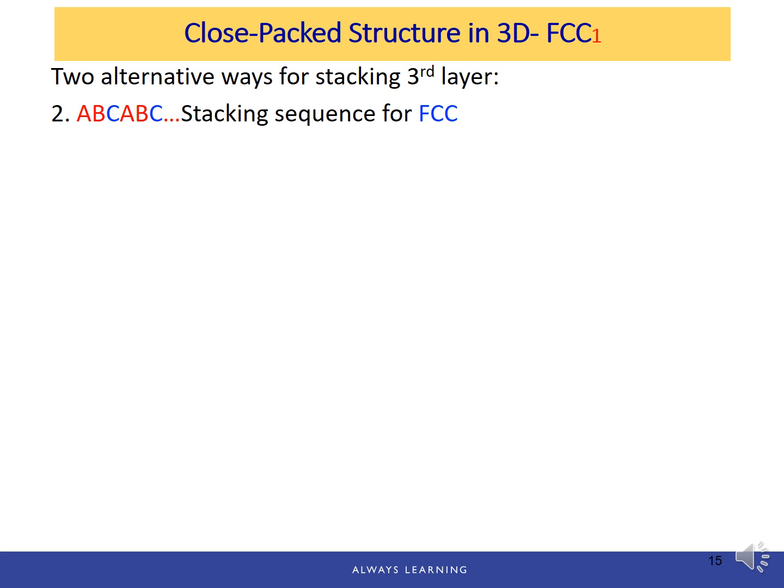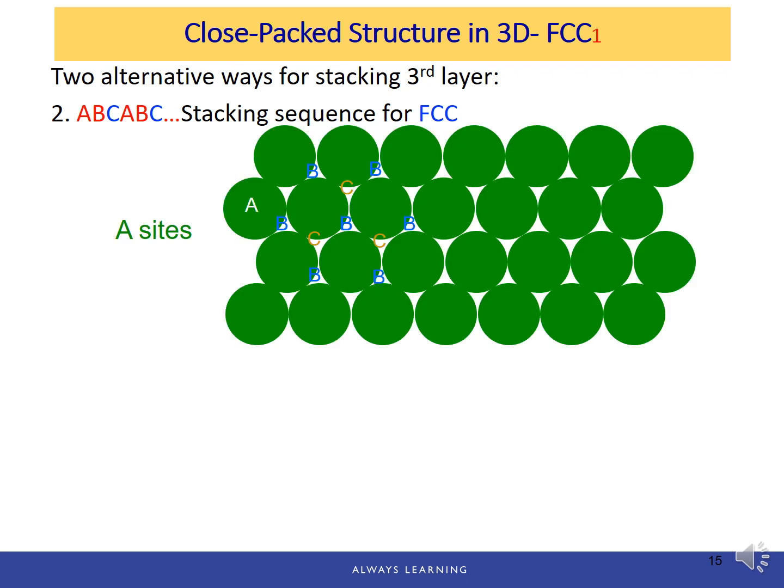For the third layer, we have another way to stack it. Instead of doing A, B, we can actually stack the third layer on top of the C voids. So it looks like this. First layer, A layer, and we have two types of voids, B voids and C voids.